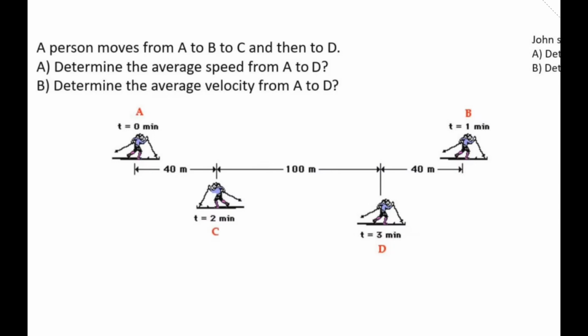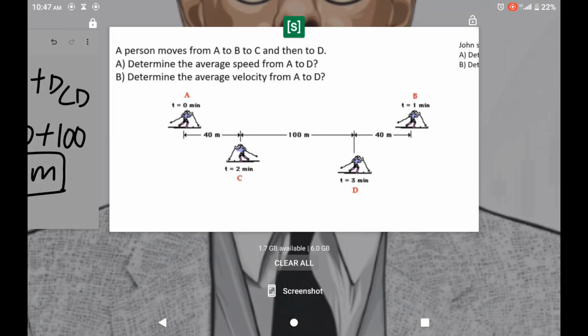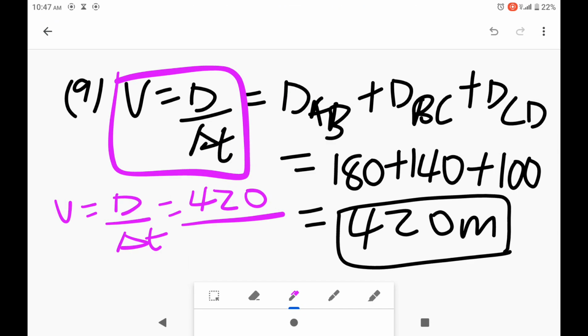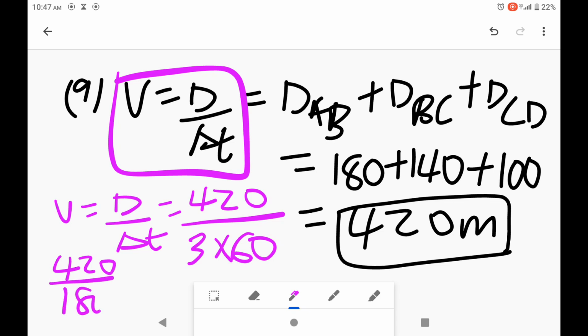So that's 3 minutes. When it comes to the formula, we don't use minutes, we use seconds. So we need to convert: 3 minutes times 60 seconds, and you're going to get 180 seconds. So 420 divided by 180 seconds.